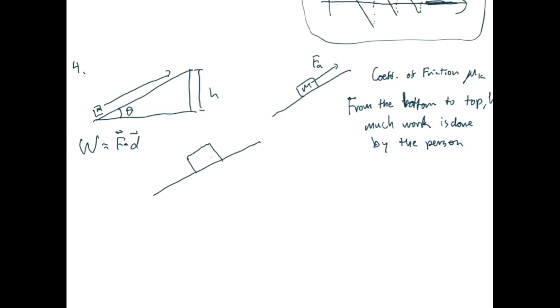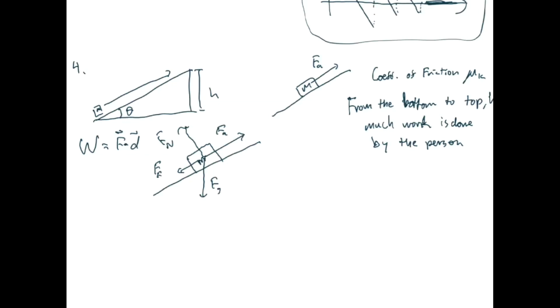And that means that the box is just going at a very slow, constant rate. Right, so the net force on it must be 0 because it experiences no acceleration. So over here we have our applied force, and we also have gravity, normal force, and friction. So these will be the forces that act on our box.